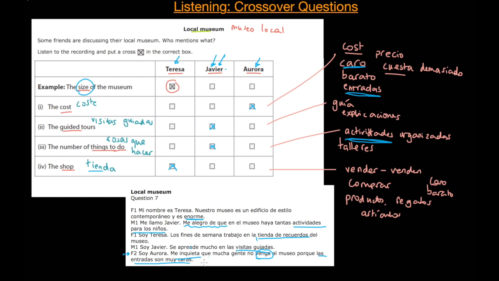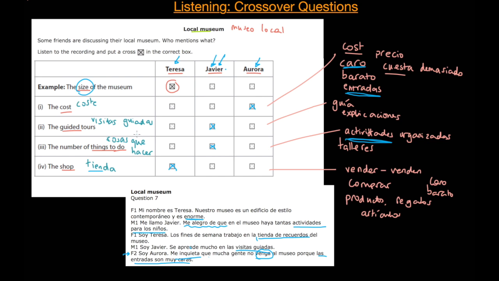So this goes to say that, yes, sometimes the vocabulary or the expressions will be complicated, but the reason they put it there is because they want to see if you can infer the meaning. If despite a complicated sentence, you can still work out that they're talking about tickets, expensive, therefore it's the cost, don't get too worried because you don't understand everything.